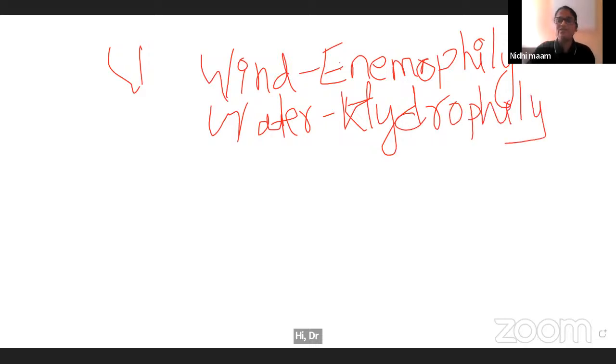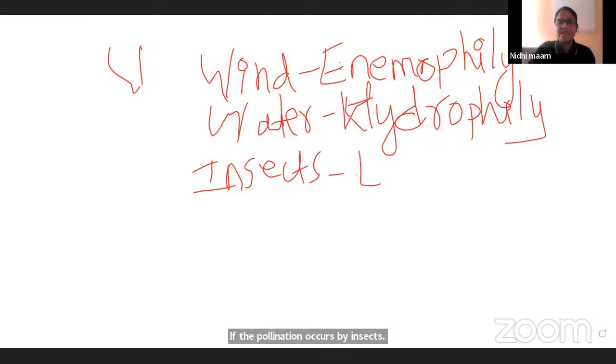If the pollination occurs by insects, it is called entomophily.